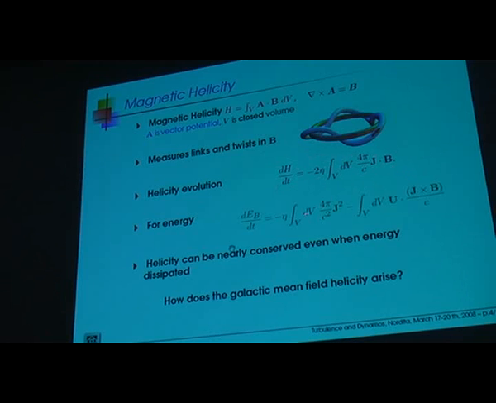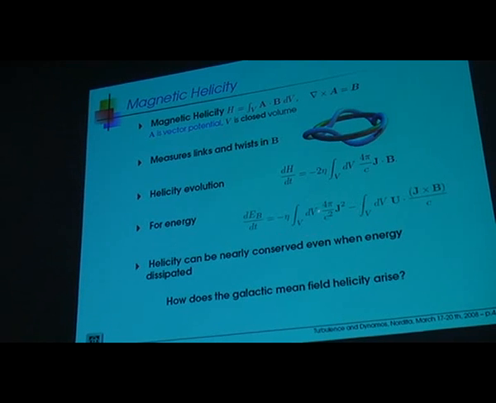Okay? And in many contexts, it turns out that even when energy is dissipated at the rate at which you put in the energy, either due to viscosity or due to resistive loss, the helicity does not evolve as rapidly as the energy. And so it can be nearly conserved even when energy is dissipated.